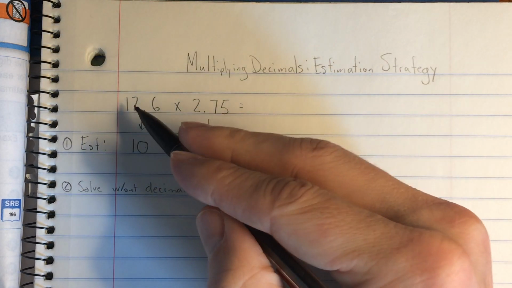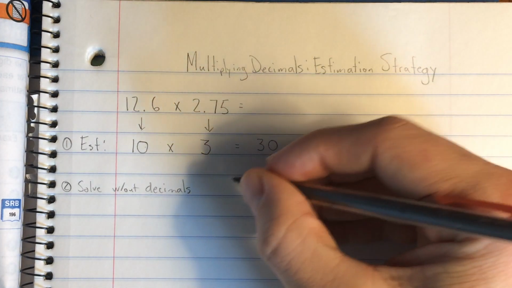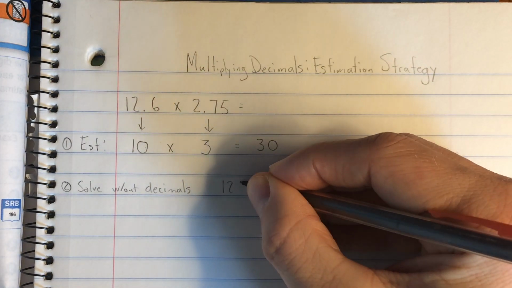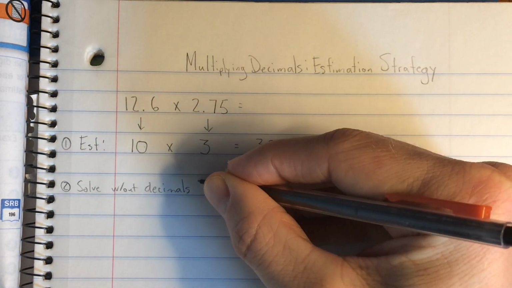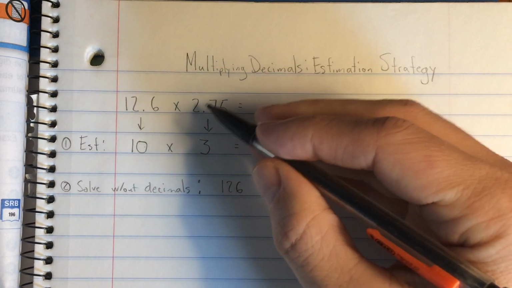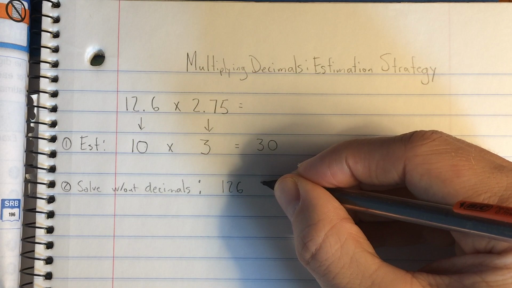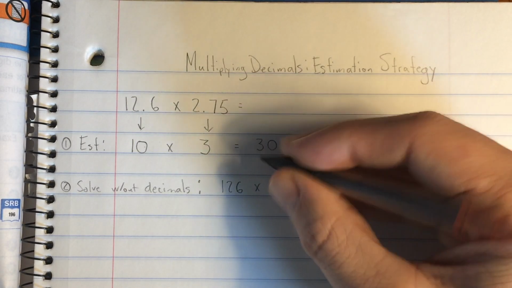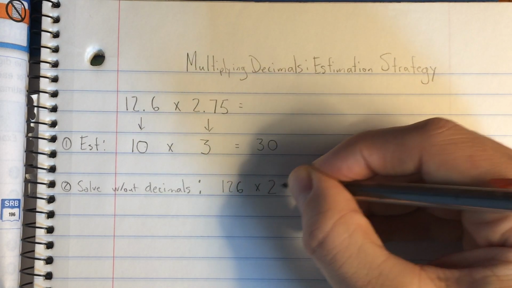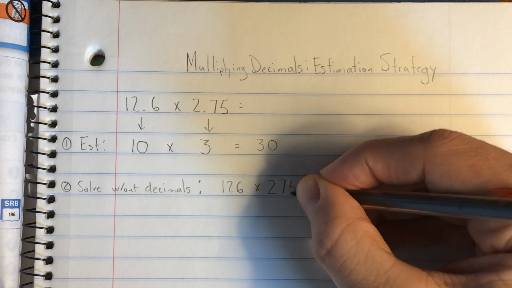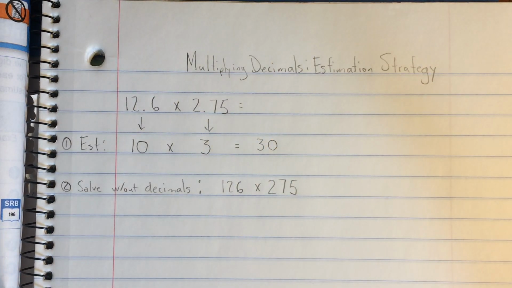So we're going to treat 12.6 like 126, and we're going to treat 2.75 as though it's 275. So quickly, since this is not just a standard multiplication lesson, you can use traditional multiplication to figure this out, which is going to be a handful, or you can use lattice.